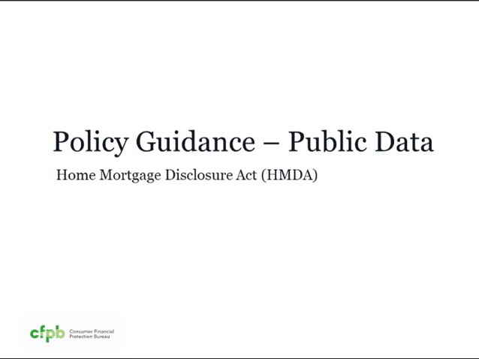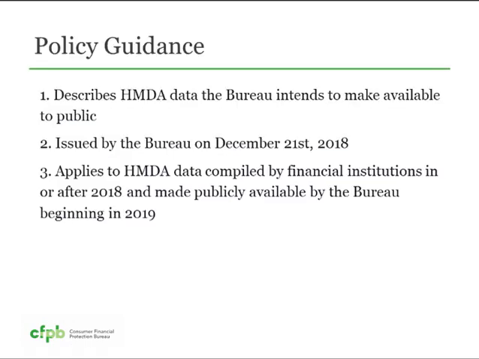Our final topic for today is the policy guidance issued by the Bureau describing the HMDA data it intends to make available to the public. On December 21st, 2018, the Bureau issued policy guidance that applies to HMDA data compiled by financial institutions in or after 2018 and made publicly available by the Bureau beginning in 2019.